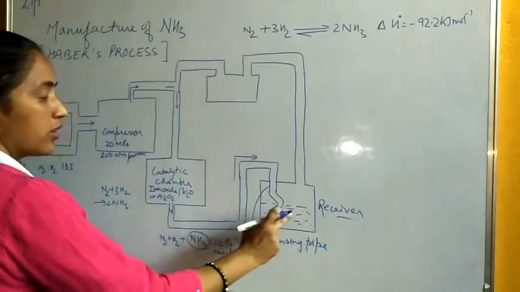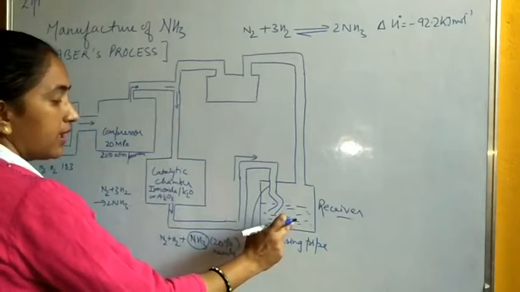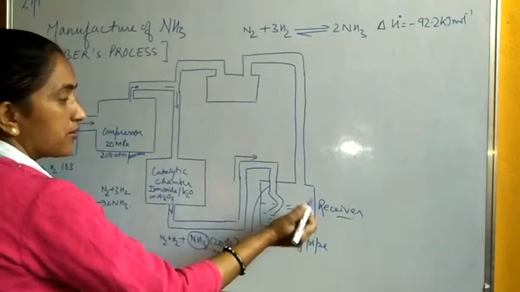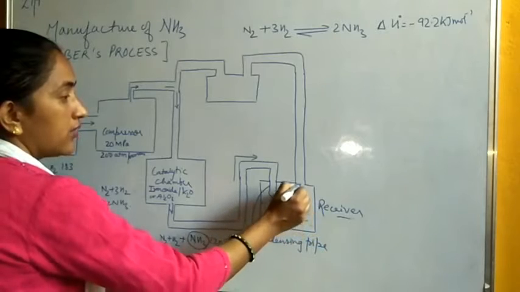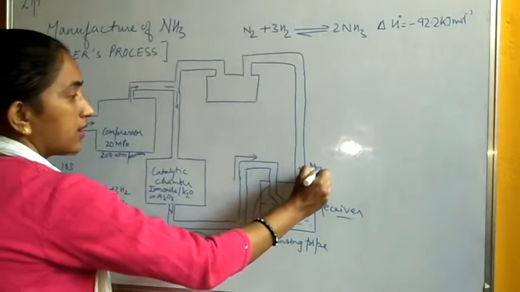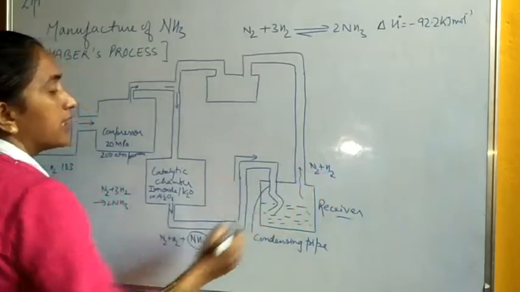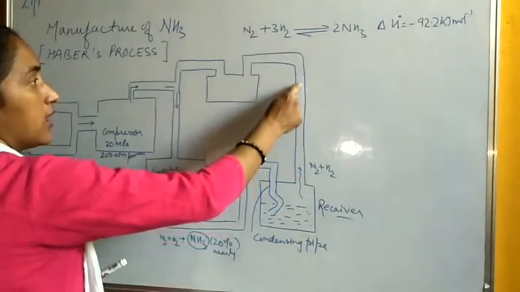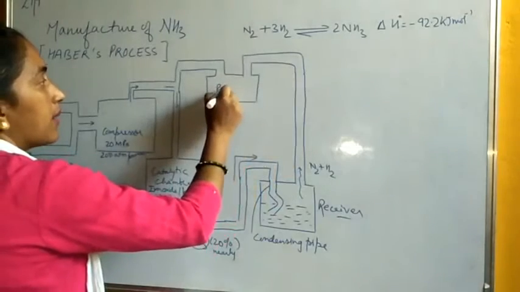So ammonia is going to get dissolved in water and it will be in the form of ammonium hydroxide, and the nitrogen and hydrogen being insoluble in water will just escape. Nitrogen and hydrogen being insoluble in water, student, is going to escape out, right? And this is the pump here.